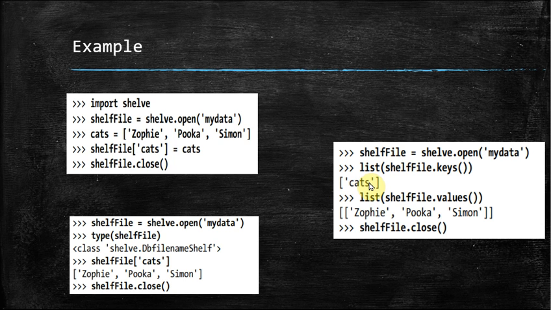When you say dictionary, remember we have a key as well as value pair. If you want the keys to be displayed, you use the method keys. If you want the values to be displayed, you use the method values. In the beginning it should be preceded by list, so it will be displayed in the form of a list. Finally, you close it as shelf file dot close. Okay, so this is about your shelf module.